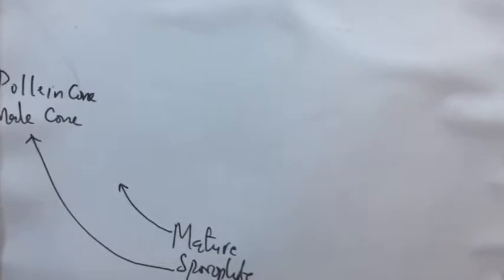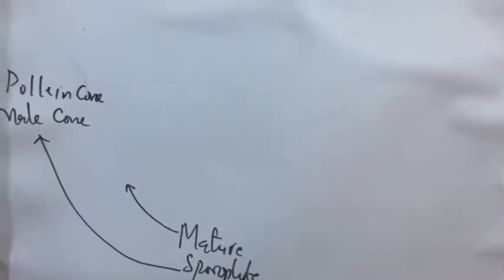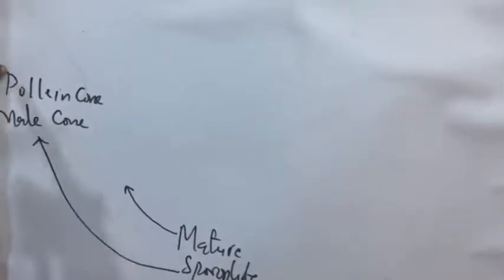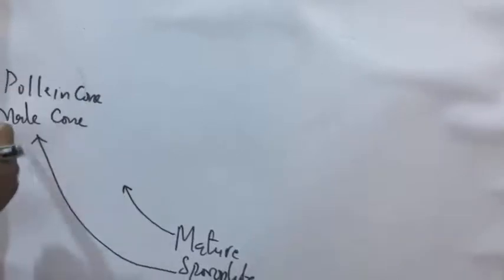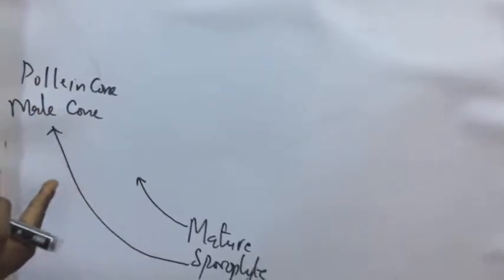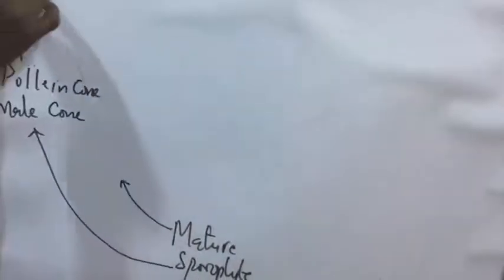We have the pollen cone and the male cone. This male cone produces a scale. Another name for this scale is microphyll.